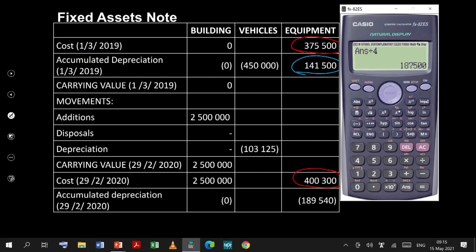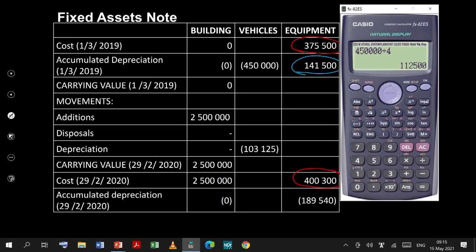And then we also take into consideration the depreciation that we calculated. It was 450,000 for 4, so let's work that one out. 450,000 divided by 4 will give you 112,500. Okay, so now we've got those two figures.